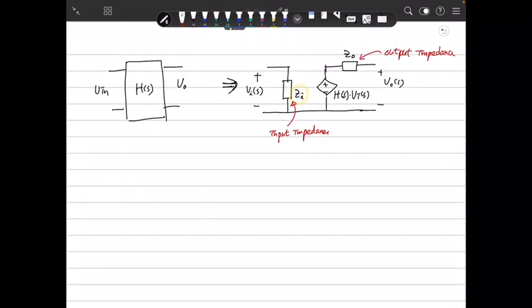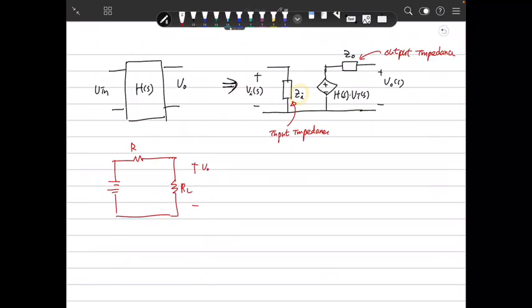So to separate the loading effect, what should we do? For example, the simple way to think: this is a battery, and this is some resistor value R. We define this, and then this is RL, and this is V out.